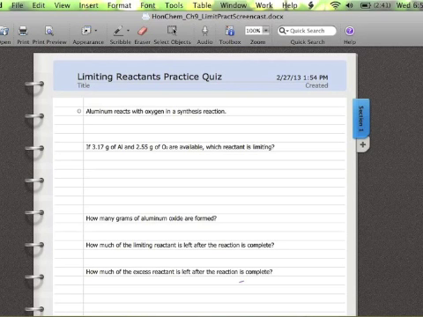So we're going to have aluminum plus O2 giving us aluminum oxide, since it's synthesis, which is going to be Al2O3 when we cross our charges. Because of that, we're going to have to balance this. So this ends up being 4, 3, 2. So 4Al plus 3O2 gives us 2Al2O3.